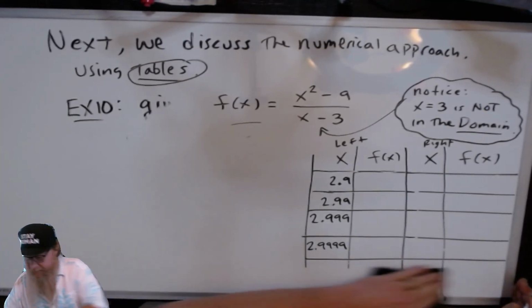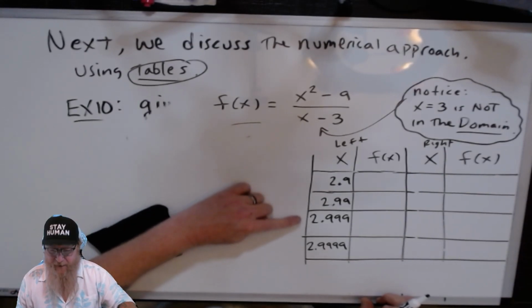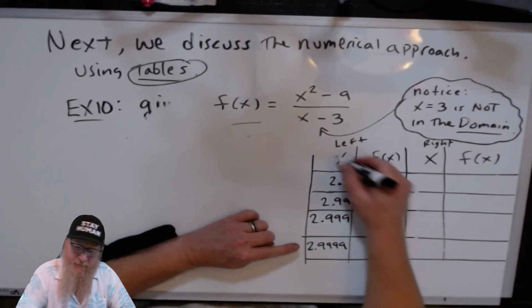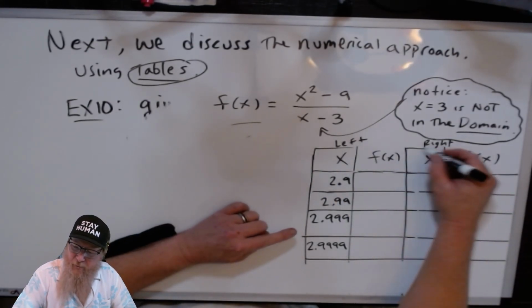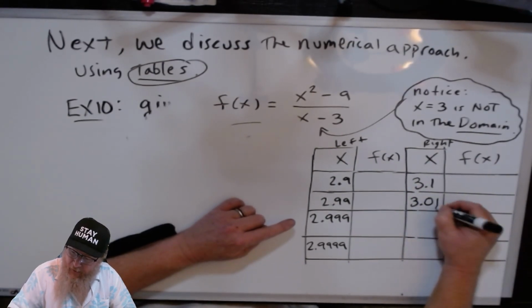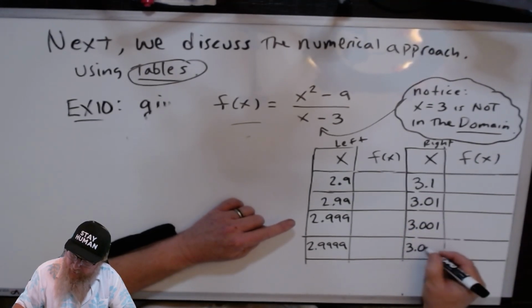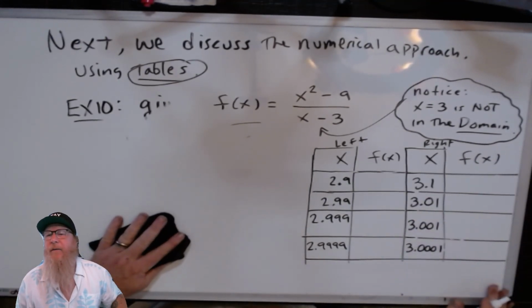That'll probably be enough. So those are the x's. We're getting very, very close to 3 on the left. On the right, we'll do 3.1, 3.01, 3.001, 3.0001, etc.